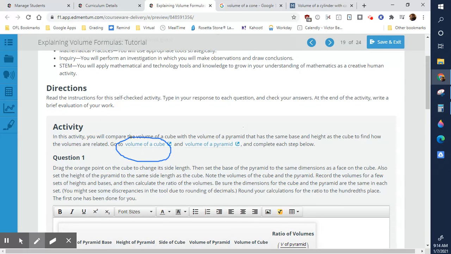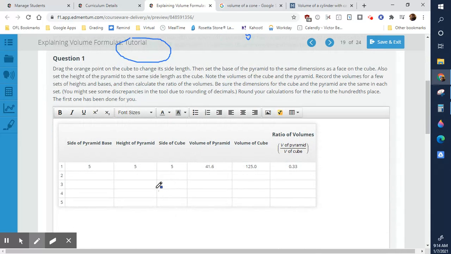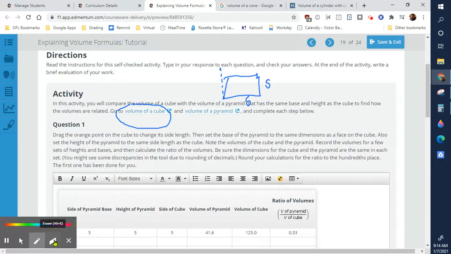And for a pyramid, do we talk about how many sides we have? We don't. So for this pyramid, we're assuming a square base. Obviously, if the base is a square, we're going to have 4 faces because there's 4 sides.